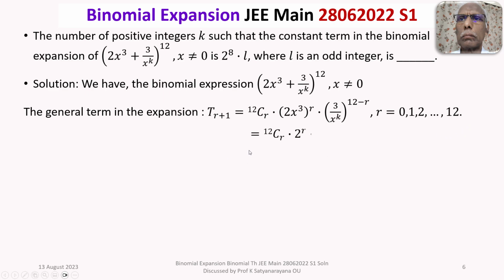That is equal to 12cr into 2 power r, and we get x to the power of 3r multiplied by 3 power 12 minus r by x to the power of k into 12 minus r. The exponent of x is 3r minus k times 12 minus r.